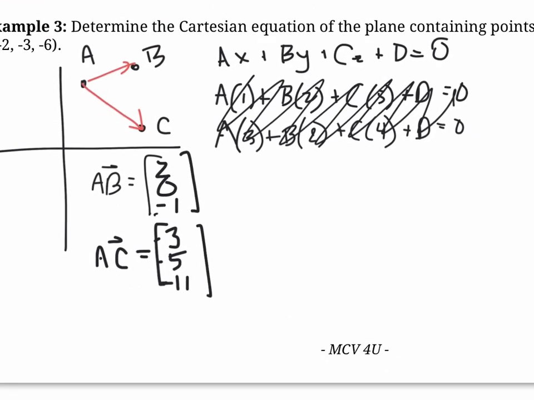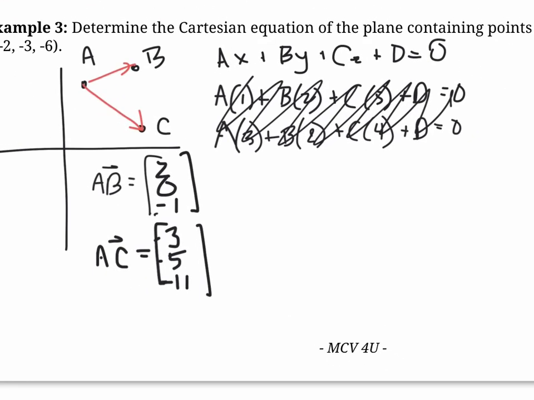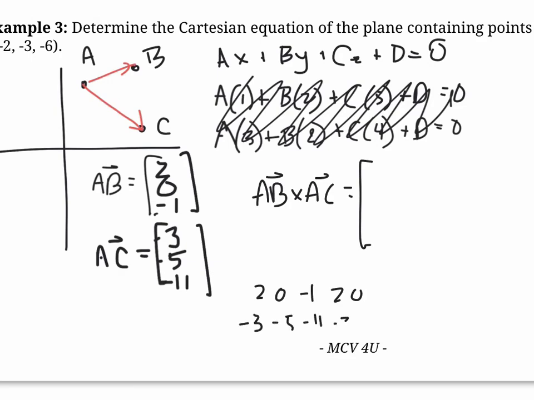You could have done this, by the way, with any three of the points that are here. So let's now find AB cross AC to find that normal. And we can do that in the same way that we're used to. So I'm just going to quickly write out 2, 0, negative 1, 2, 0, negative 3, negative 5, negative 11, negative 3, negative 5. Don't need those, so I'm going to do 0 minus 5, negative 5, so 0 minus 5.